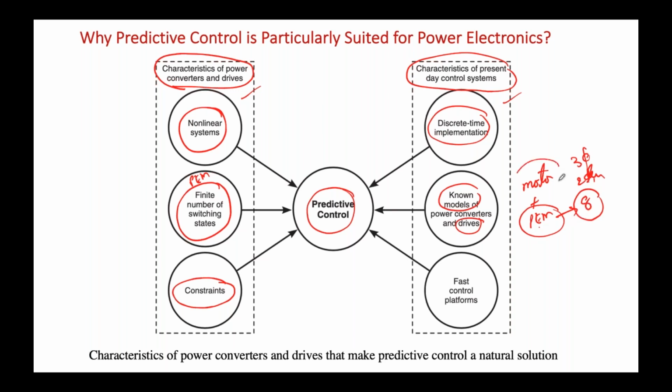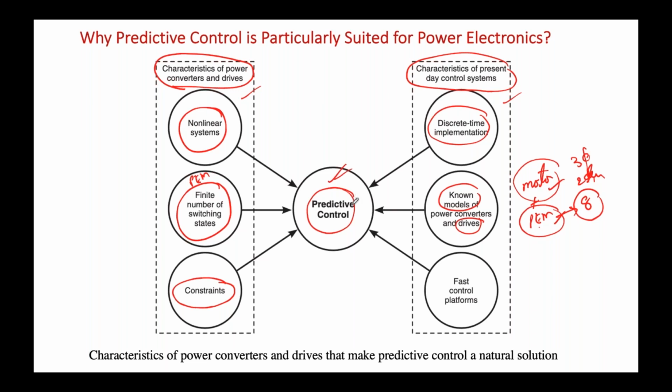At the same time, what type of motor you are using, what is the mathematical model of the equation for the particular system, each and everything you should know. Once you know the motor model and the information of the power electronic module switches, then we can develop the predictive control.